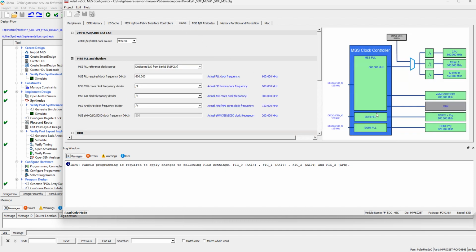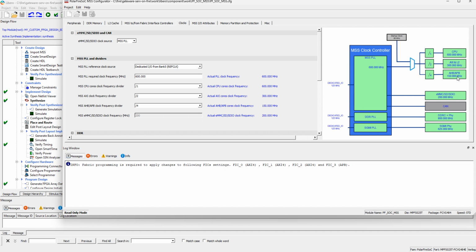You can see in this picture they've got a 125 megahertz clock going into it, and a 600 megahertz clock coming out of it. The cores are running at 600 megahertz. The AXI bus, which is the high speed bus, is running at 300, and the AHB APB is running at 150.